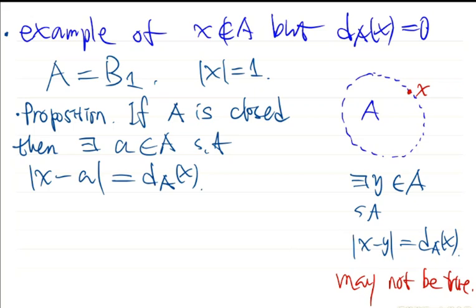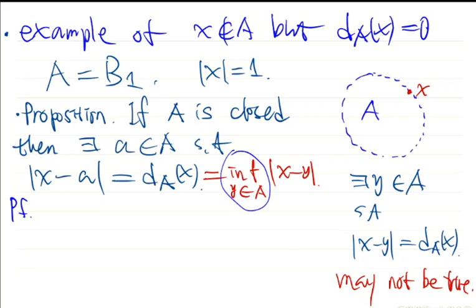So to prove this, it is also not difficult. Because dAx is the infimum, when y is in A, of the distance. Therefore, by the definition and by the property of the infimum, we can find a sequence. How to find a sequence?